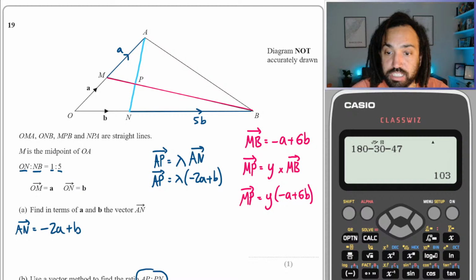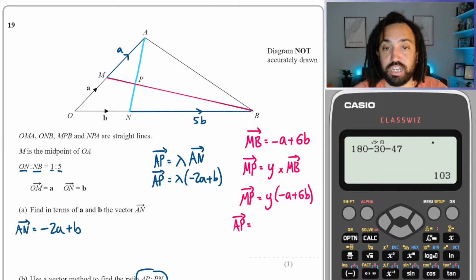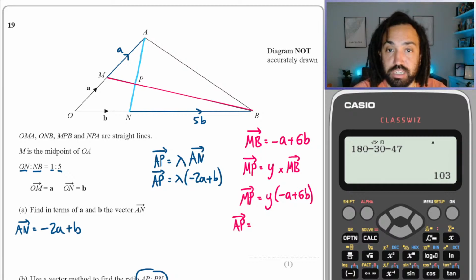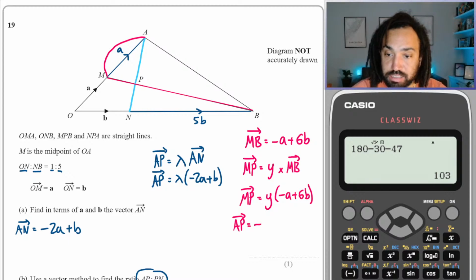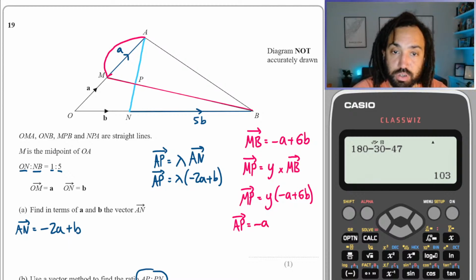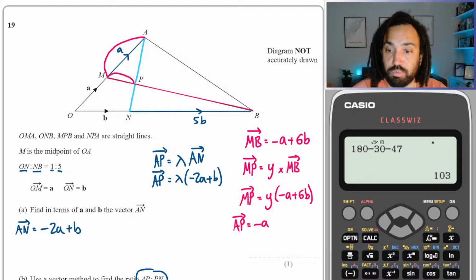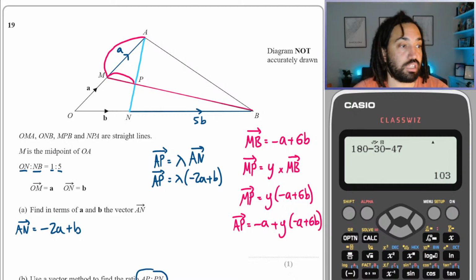So I'm going to find an expression for AP using the red line. How am I going to get from A to P using the red line? I'm going to go down here, which is minus a, and then I'm going to go along MP, which is y times minus a plus 6b, like so.